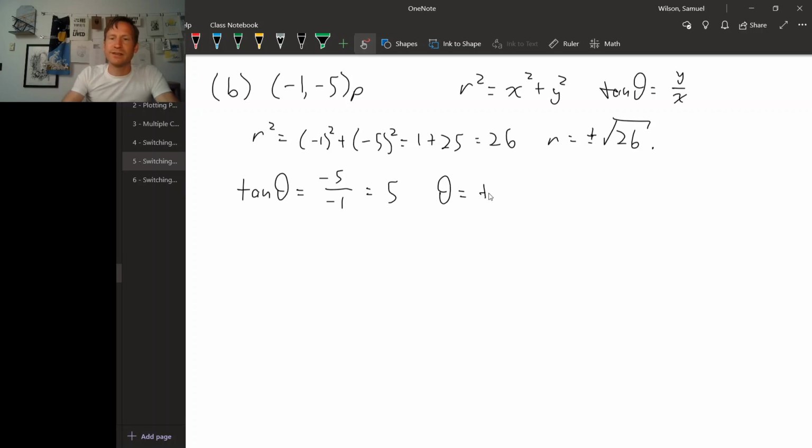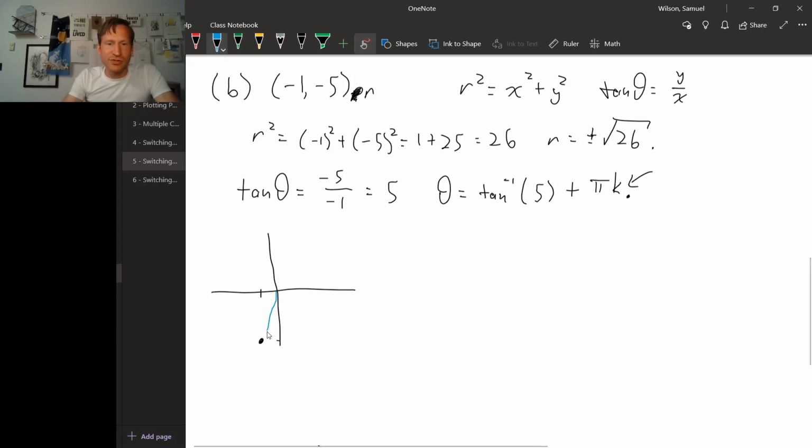So theta is inverse tangent of 5 plus any multiple of pi. Although, as we saw in the last example, the even multiples of pi and the odd multiples of pi go with different r values, so we'll have to be careful here. Okay, to sort out which angle goes with which r value, pay attention to what quadrant you're in. So this point, minus 1 comma minus 5, is going to be something like this in the third quadrant.